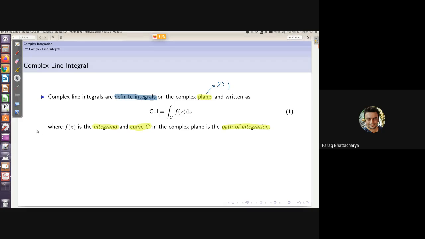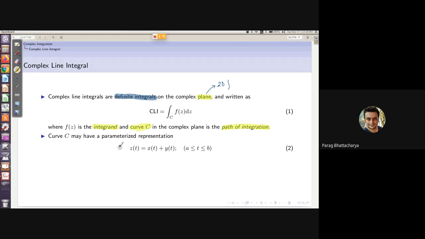This is one thing that we always need to keep in mind. So this curve c in the complex plane may have a parameterized representation. We are going to use this term very often. This is called parameterized representation.